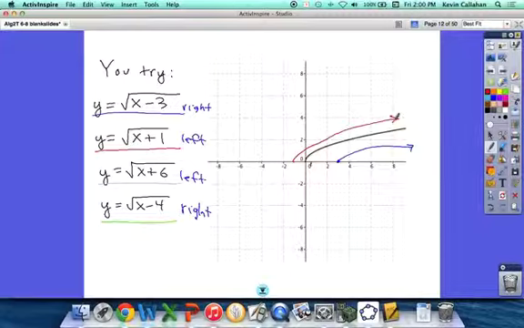Right, then the next one was a 6 to the left. And the last one is 4 to the right. So far, so good?